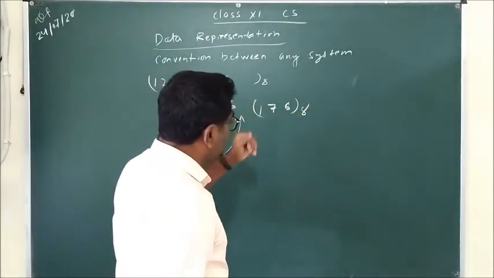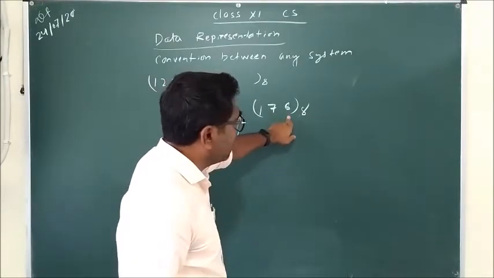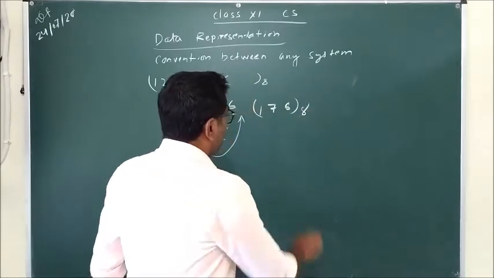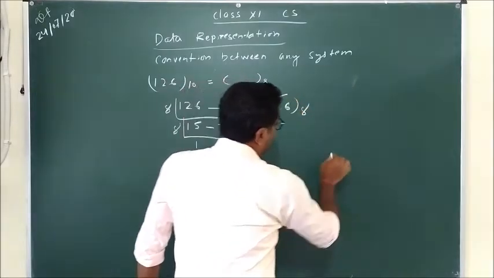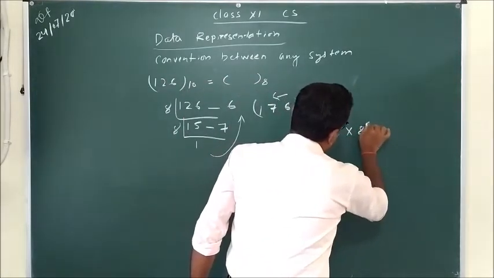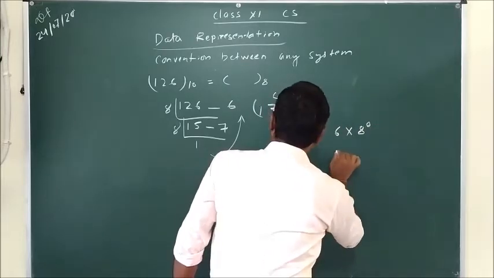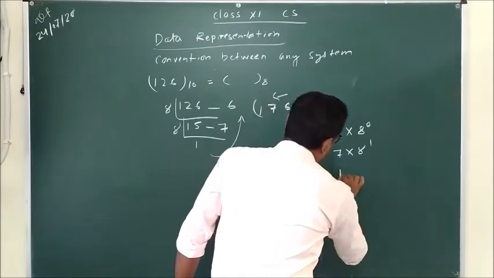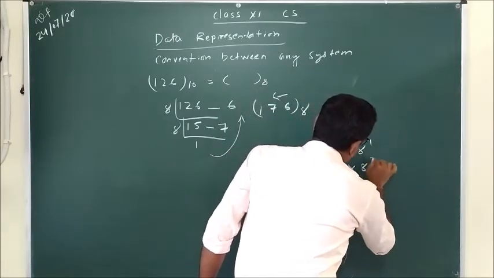Now suppose the same example, I am taking 176, I want to convert it into base 10. Then from the right hand side we have to write down 6 into 8 to the power 0, plus 7 into 8 to the power 1, plus 1 into 8 to the power 2.